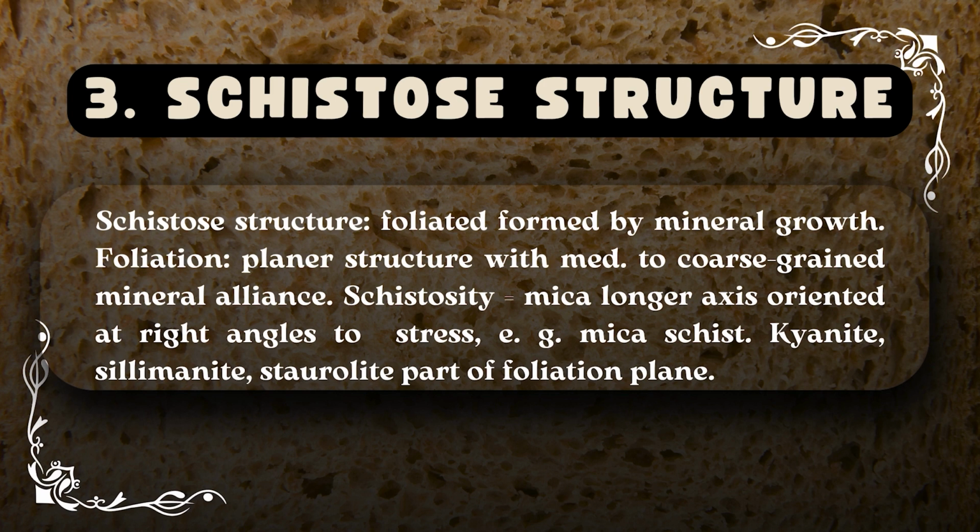Foliation plane, that is a planar structure with medium to coarse grained mineral alignment, whereas schistosity is mica longer axis oriented at right angles to stress direction. Mica schist, kyanite, sillimanite, staurolite part of foliation plane.